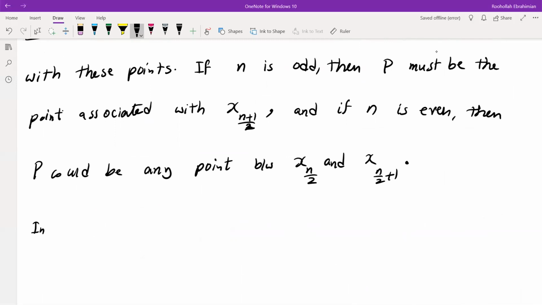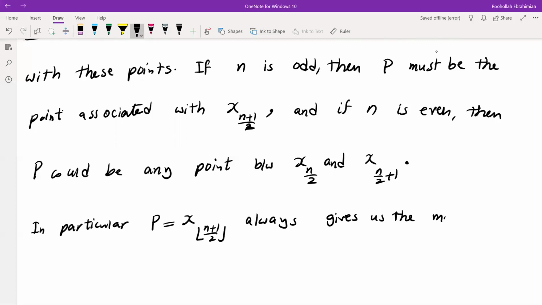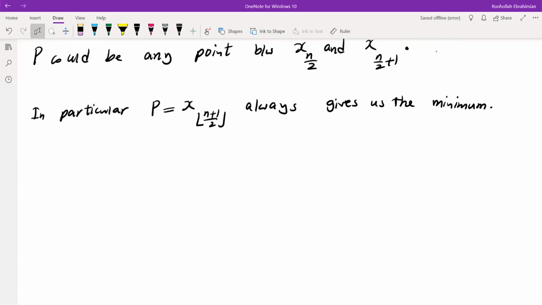So in particular, P equals x sub (n plus 1) over 2 always gives us the minimum.